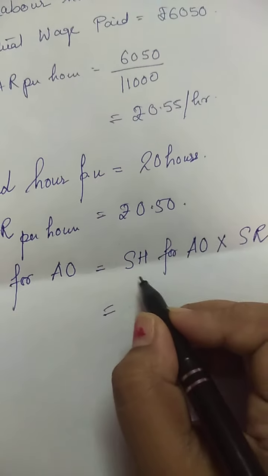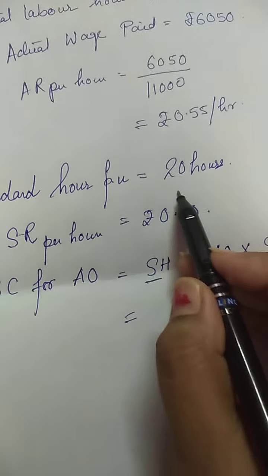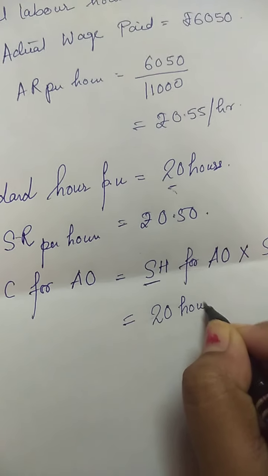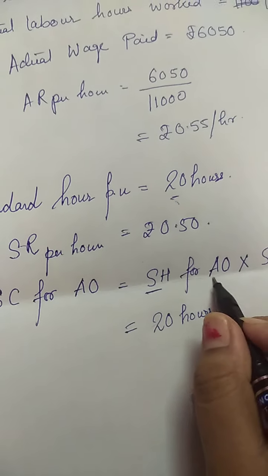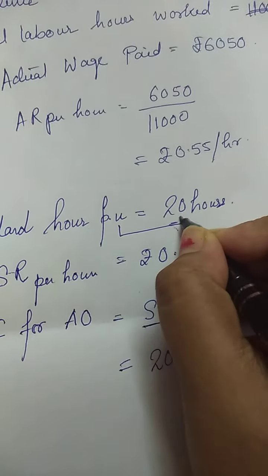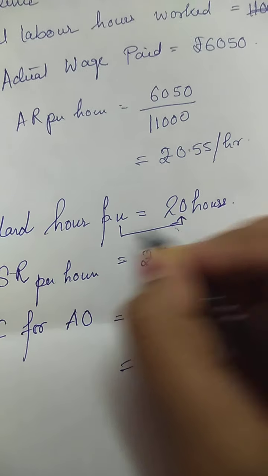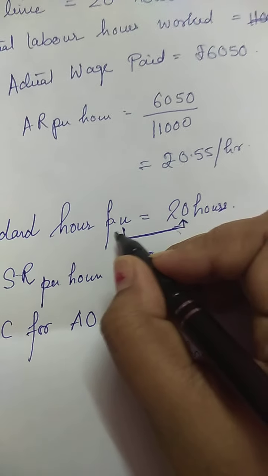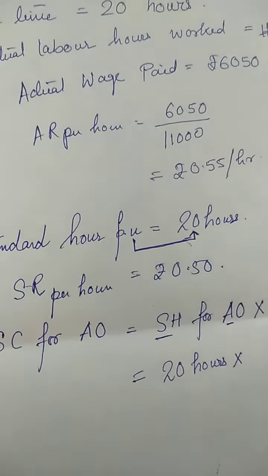How much is the standard hours? 20 hours. For how many units? 1 unit. For 1 unit of output, I am presuming that if a labor invests 20 hours of time, he may be able to produce 1 unit of output.